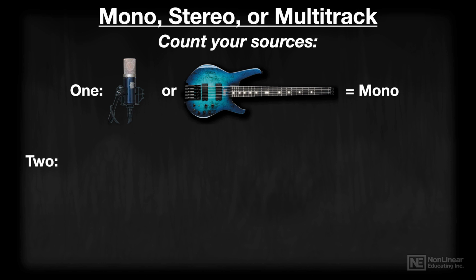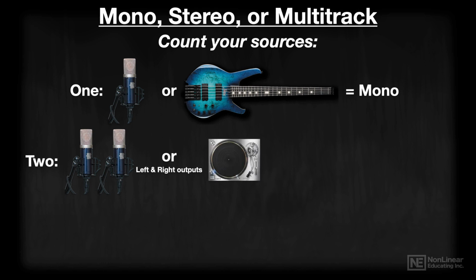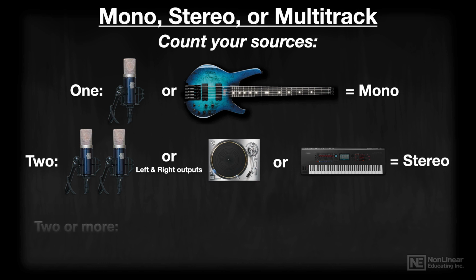But if I were using multiple microphones, like two microphones on the same acoustic instrument to record that instrument in stereo, or if I were recording a device that had a left and right output on it, like a turntable or a hardware-based synthesizer, those left and right outputs would combine into a stereo track. So in that case, I would create a stereo track.